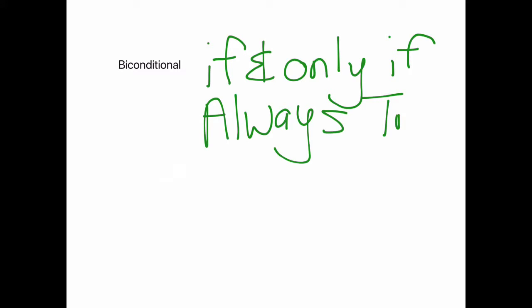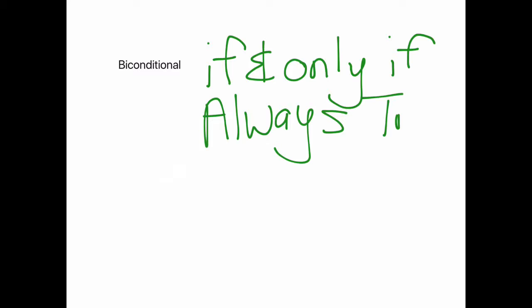All right, so now we're going to move on to our next vocabulary word, which is a biconditional. When a conditional and its converse are true, you can combine them to make what's known as a biconditional. And a biconditional will always use the phrase if and only if. So it's not a biconditional if it doesn't have the phrase if and only if. Biconditionals are always true, because both the conditional statement and its converse were true, and that's the only way that you can make a biconditional.